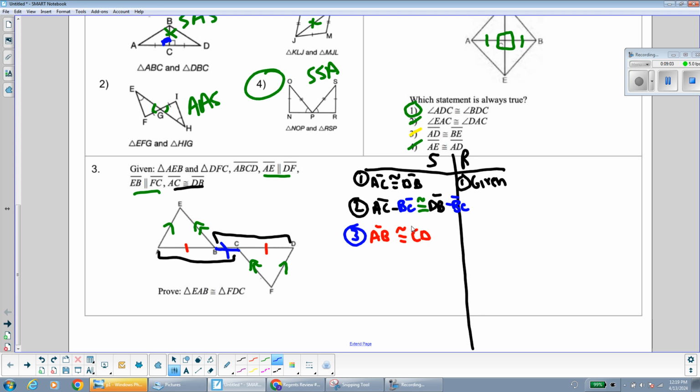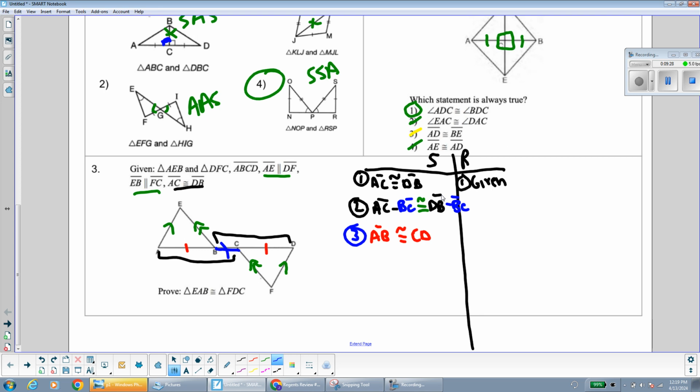But the thing is, in order to do subtraction, I have to be starting with congruent and subtracting congruent in order to get congruent. But notice how, yes, AC and DB, the two starting segments, were congruent from the givens, but they never said that BC was congruent to BC. We need to say that in our proof before we can subtract it, because remember, we have to start with congruent and subtract congruent. So I actually have to add a step in that says BC is congruent to itself by the reflexive property.